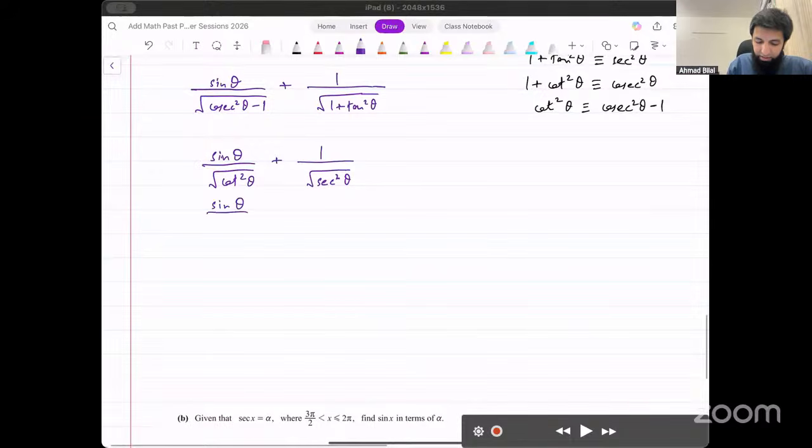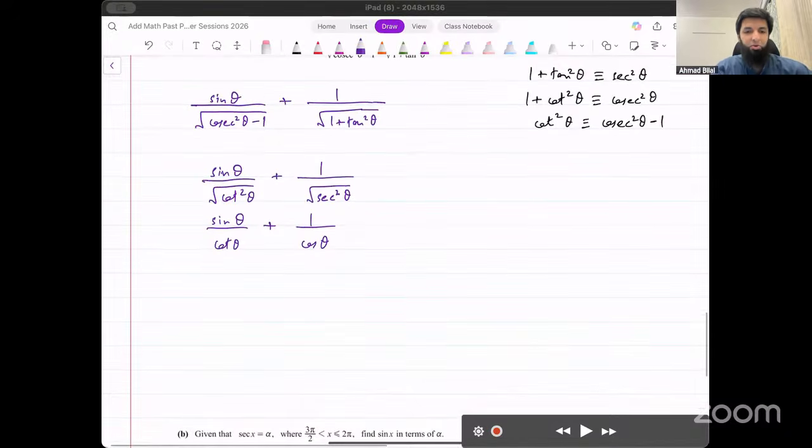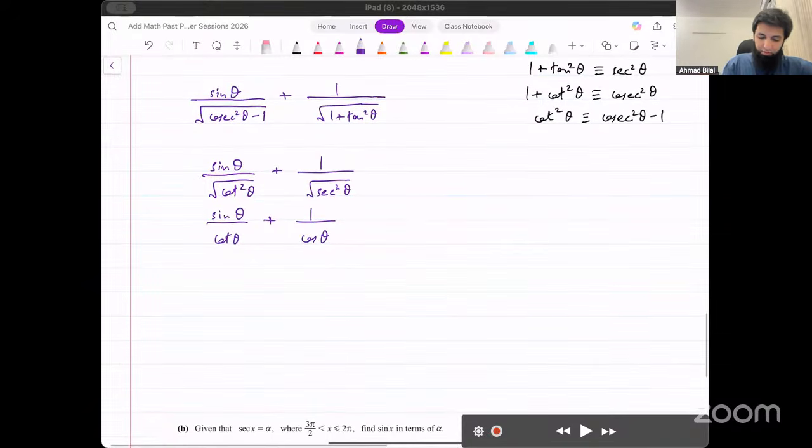Sine theta divided by cot theta, plus 1 over secant theta, not cos, sorry. Cot is the reciprocal of tan and secant is the reciprocal of cos, right?